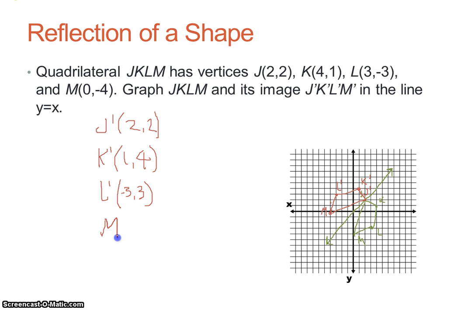And M prime becomes -4, 0. If we remember our rule, we know that reflecting over y equals x, xy becomes yx. So we can check. Our J is 2, 2. If we flip them, we get 2, 2. Our K is 4, 1. If we flip them, we get 1, 4. Our L is 3, -3. If we flip it, we get -3, 3. And our M is 0, -4. If we flip it, we get -4, 0.